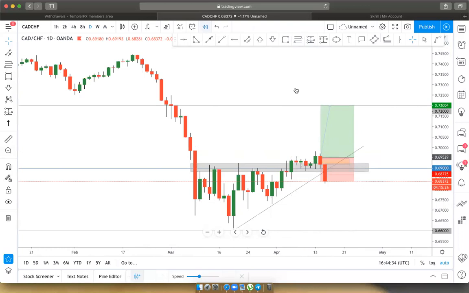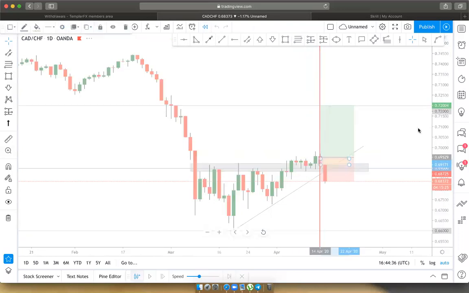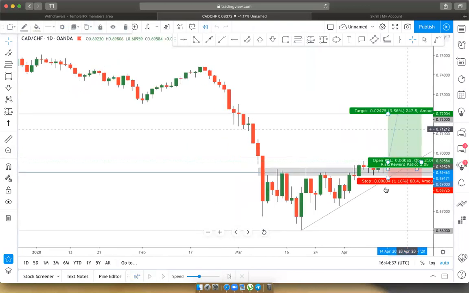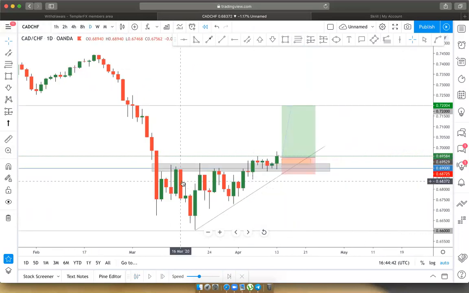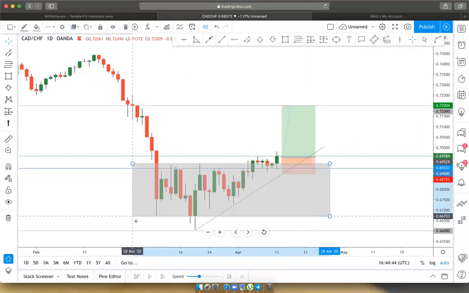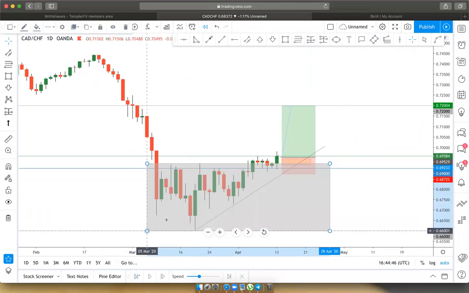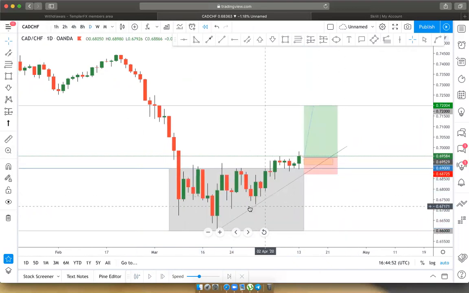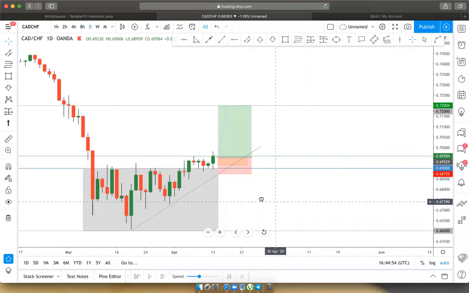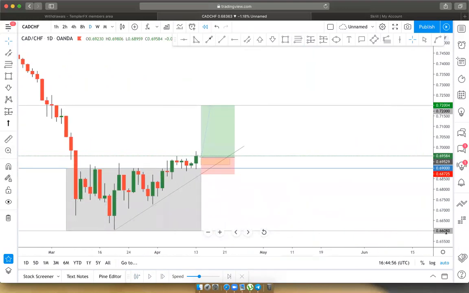So let me remove this too. First of all, we had these consolidations here. Price had been consolidated between this monthly level of 0.660 and 0.690.